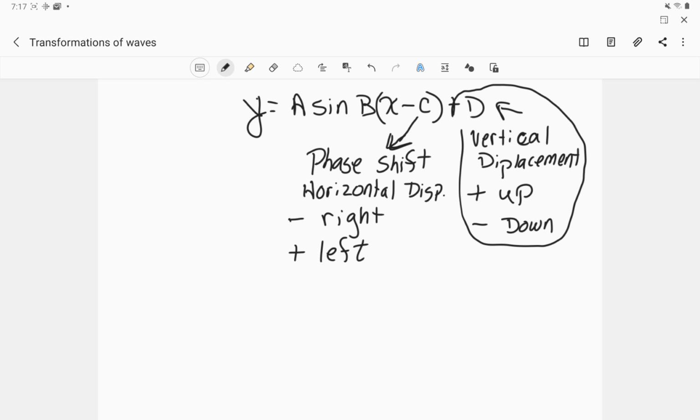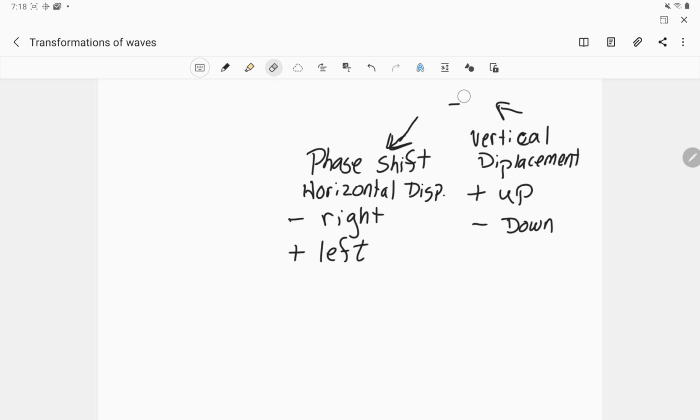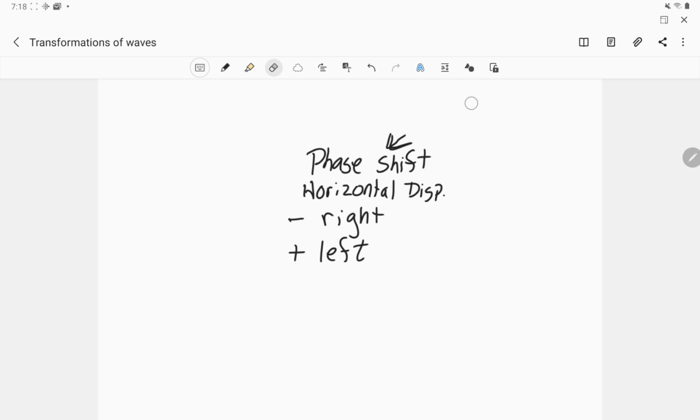Okay, so I'm going to do example number 1 on page 213. Now, they do it in radians. I think better in degrees, so I'm just going to switch it to degrees. You can do that. It's no big deal.